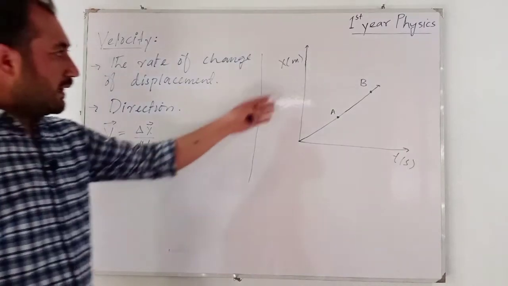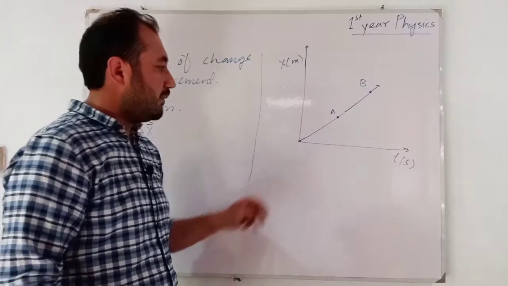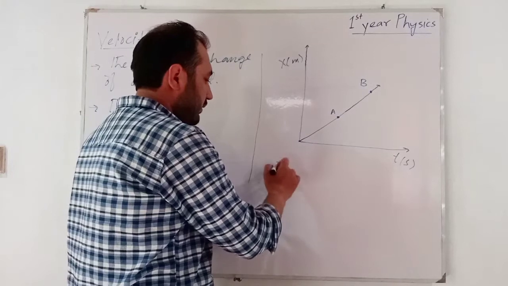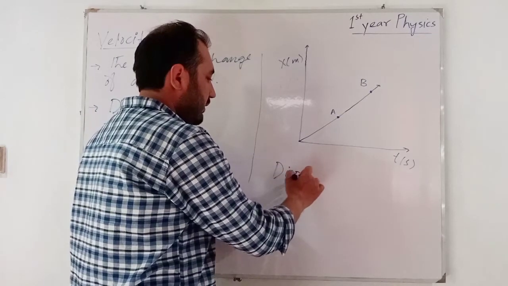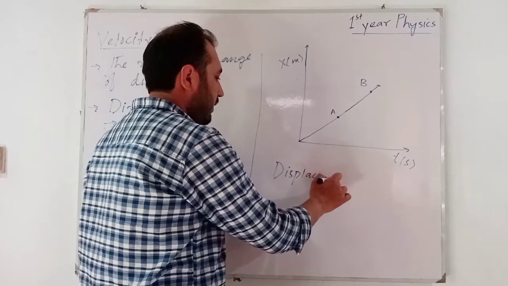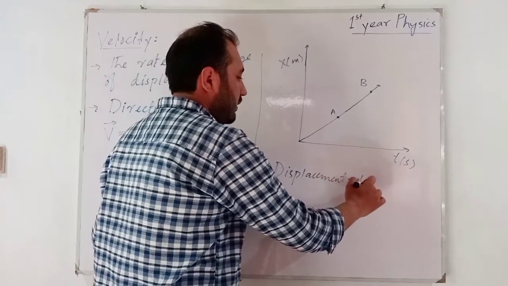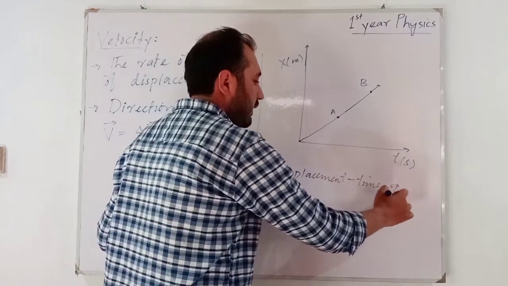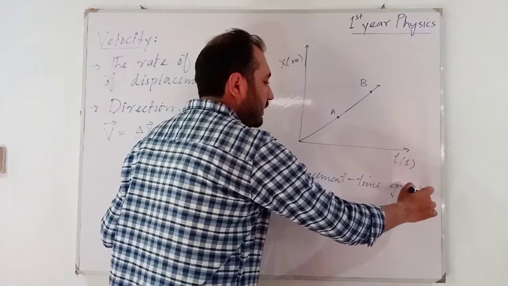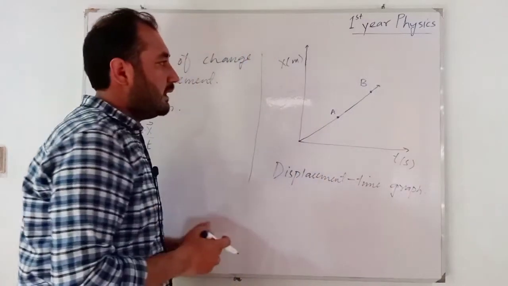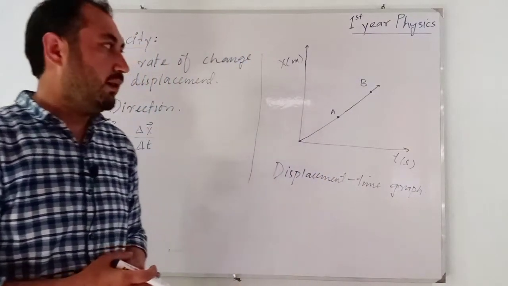So it is the displacement-time graph, right? From the displacement-time graph, we can extract enough data in order to calculate the velocity.